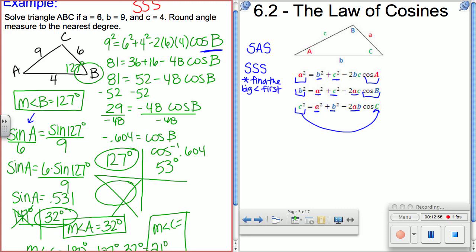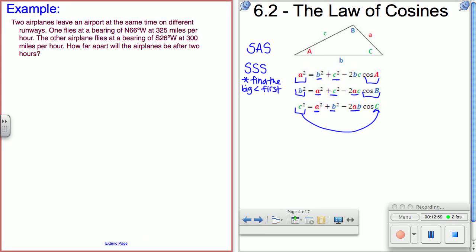Let's take a look at one more example. 2 airplanes leave an airport at the same time on different one-ways. One flies at a bearing of north 66 degrees west. So if this is my first airplane, he goes north and then west at a total of 66 degrees.